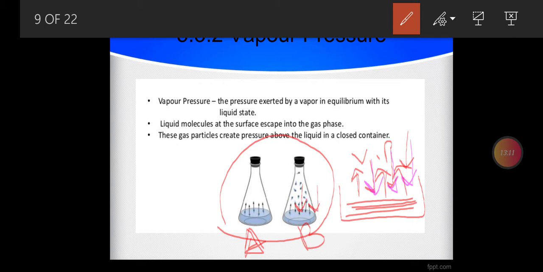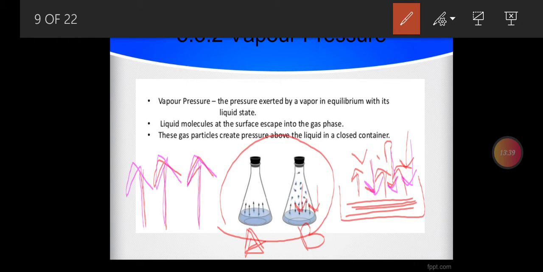So if the number of vapors increases, the vapor pressure increases. And if we relate it with evaporation, if the rate of evaporation increases, the number of vapor molecules increases, and the vapor pressure increases.